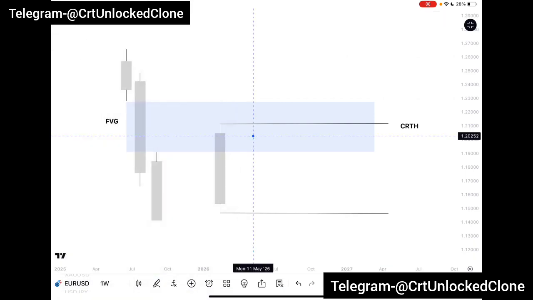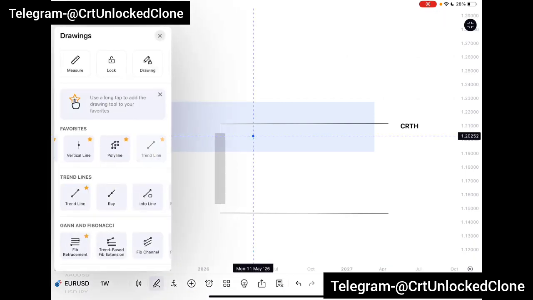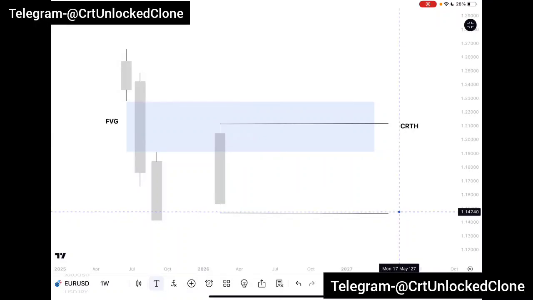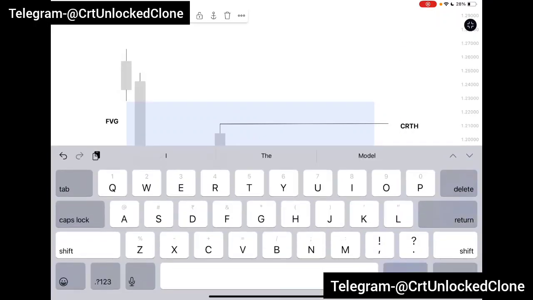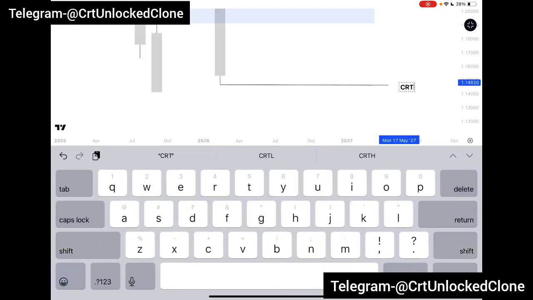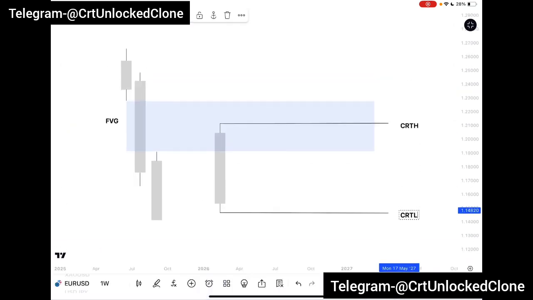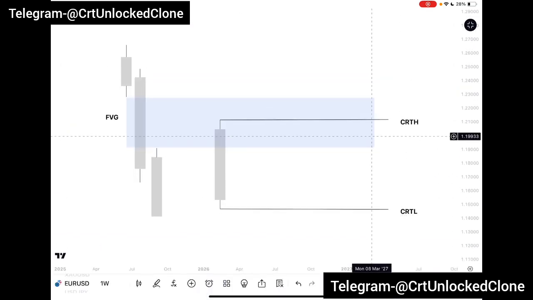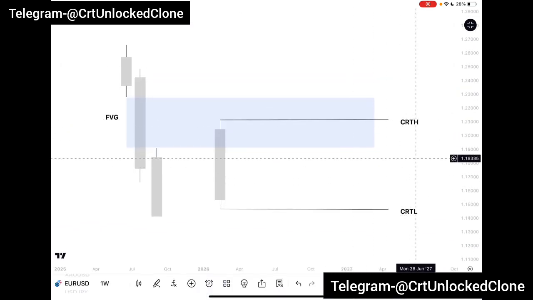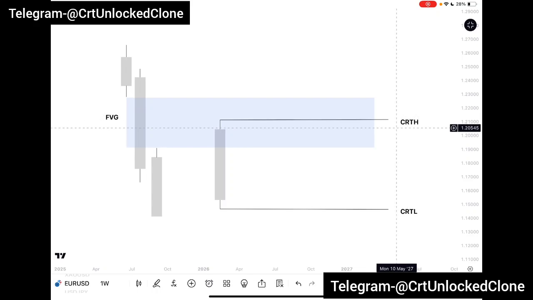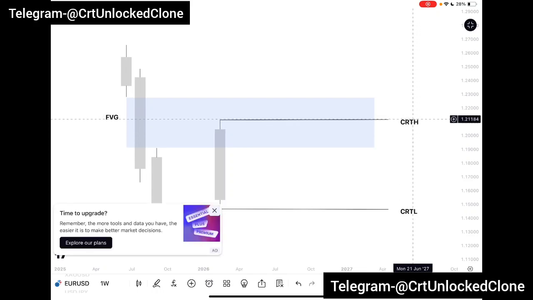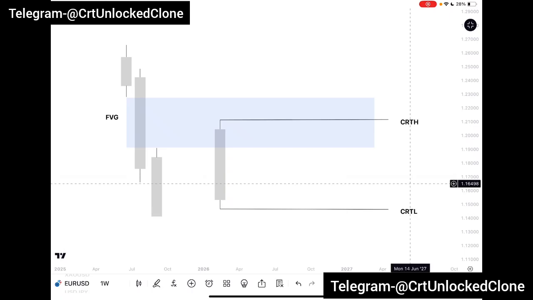And next, this is our CRT low. So we got our CRT high and CRT low, and guys, don't wonder why I have written CRT H here. H stands for CRT high and L stands for low, which means CRT low.